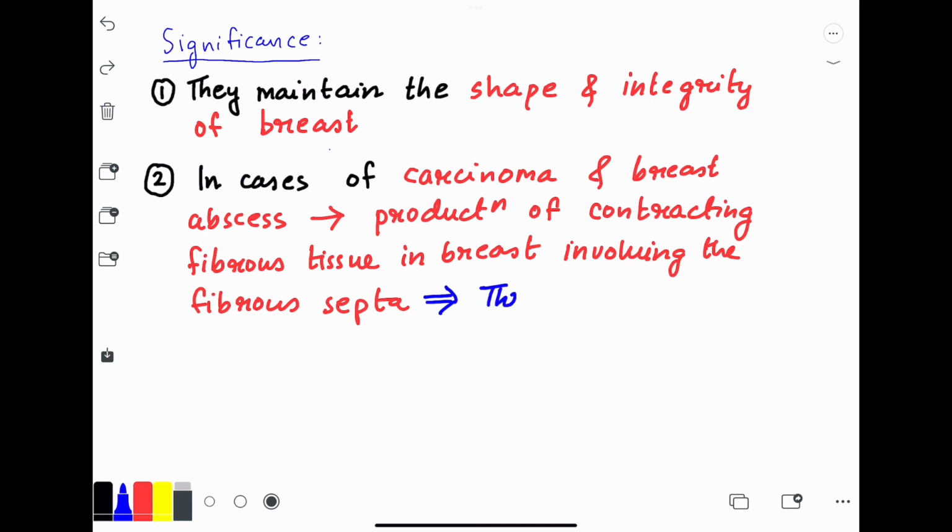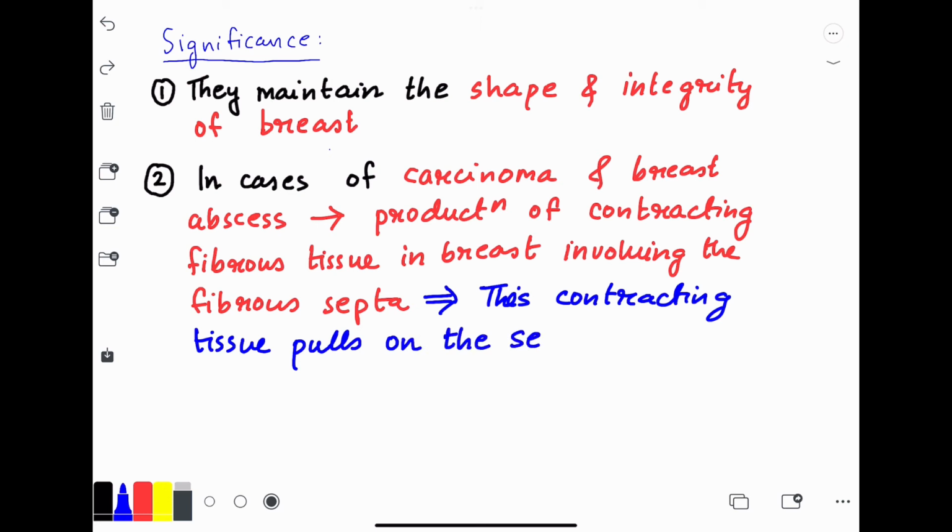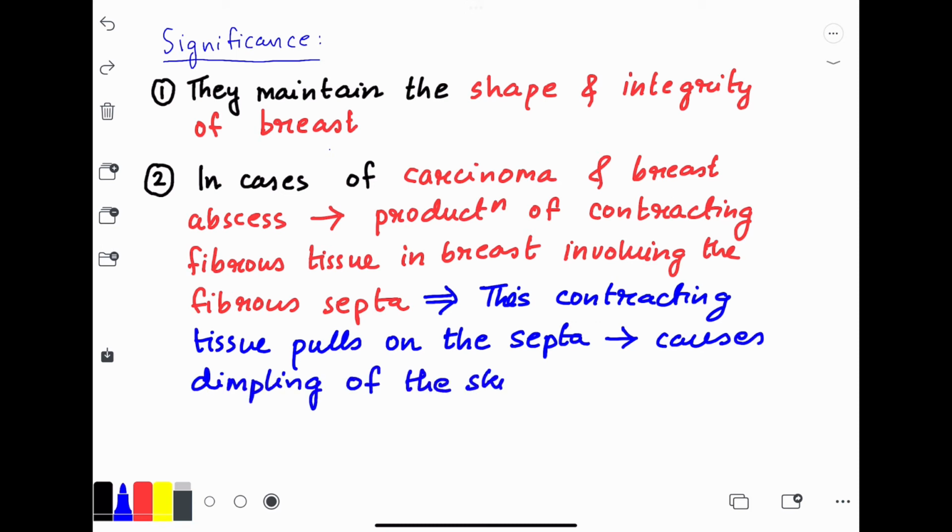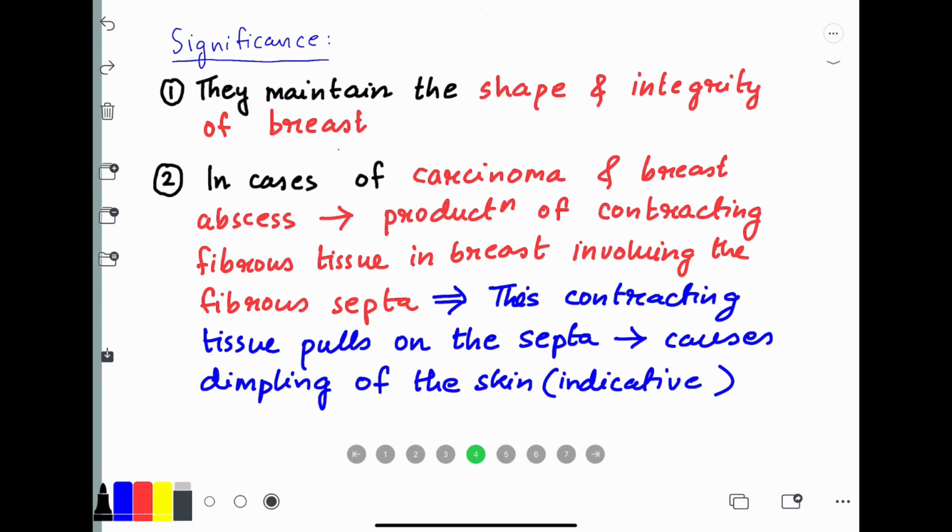Since the fibrous septa gets involved, this contracting tissue pulls down on the septa, as the mass of the carcinoma or abscess is heavier, and this causes dimpling of the skin. So this may be indicative that some problem is there if dimpling of the skin is seen over the breast.